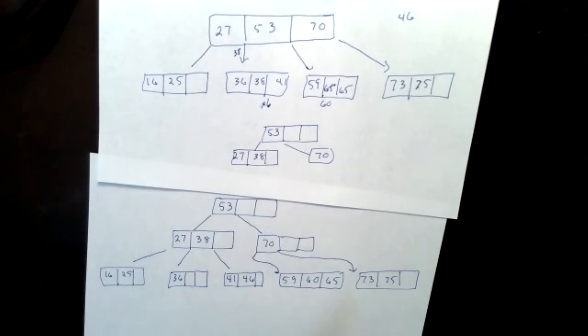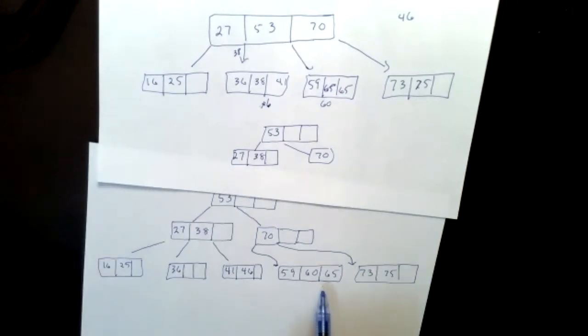And of course, you know, adding more values will be great. If I added a value here, if I added a value like 63, it would send 60 up, move 70 over. And so forth.